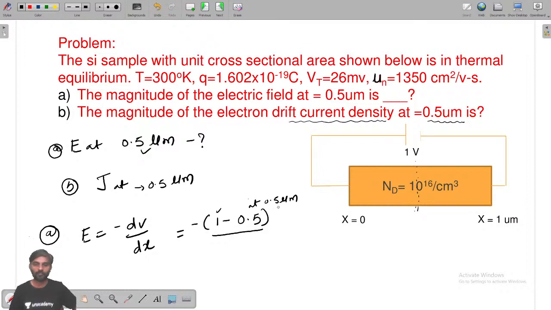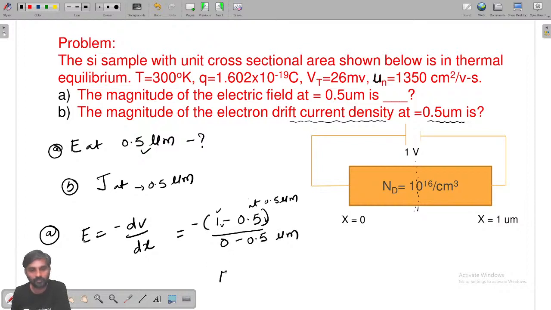So halfway through is going to be 0.5 volts, the maximum being V. So this can also be written as 0.5 volts over 0 minus 0.5 micrometers.